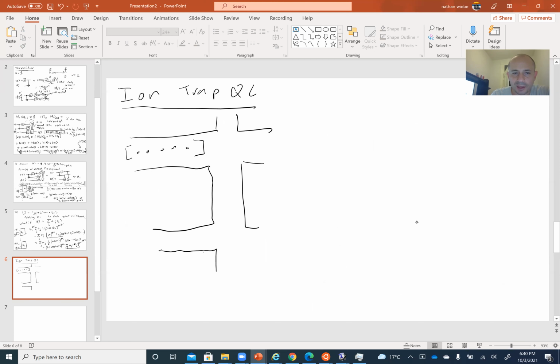They have to be set up like this because in practice we can only control a limited number of ions inside each trap. The number varies, but it's definitely less than 50 inside each of these different segments.